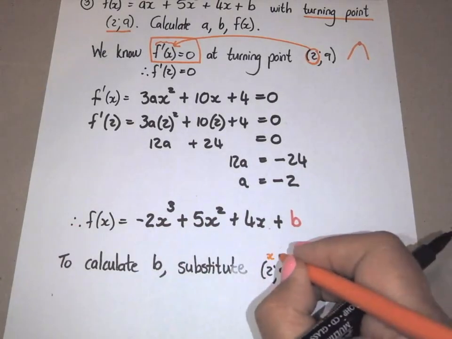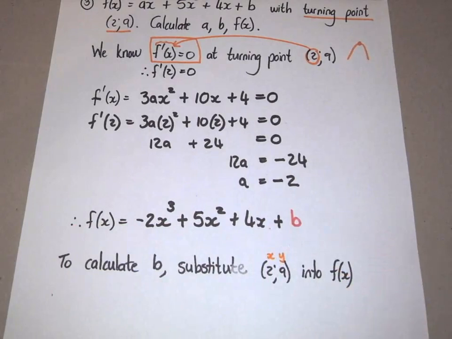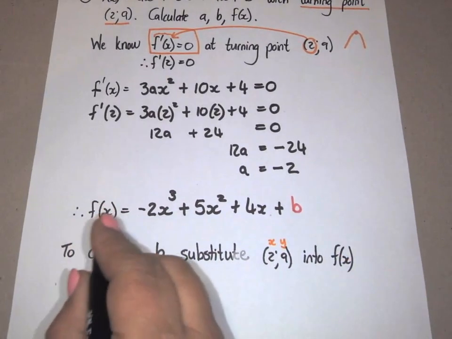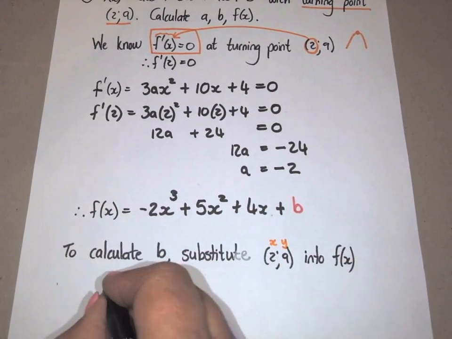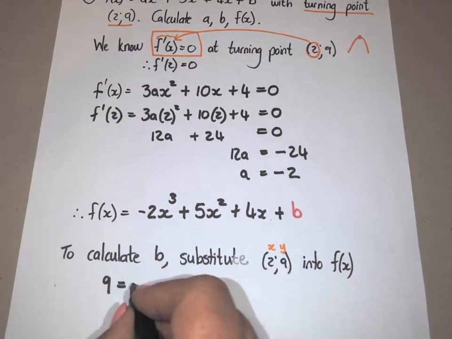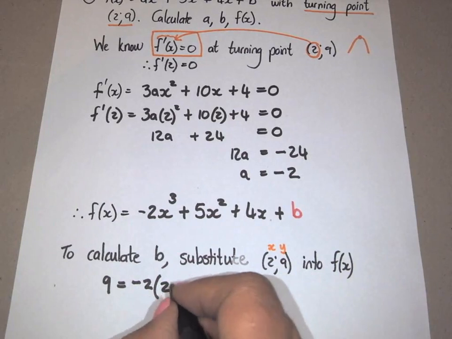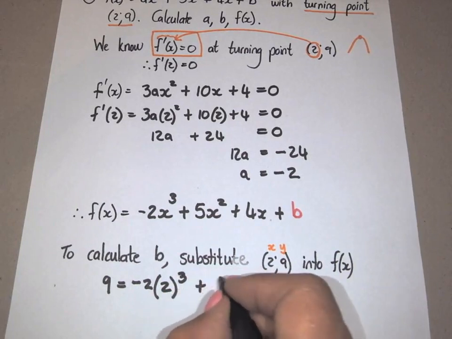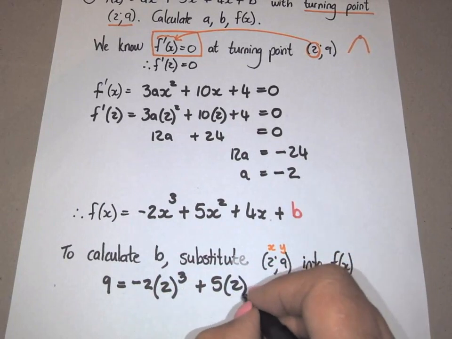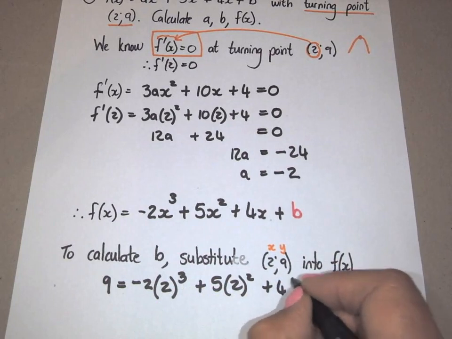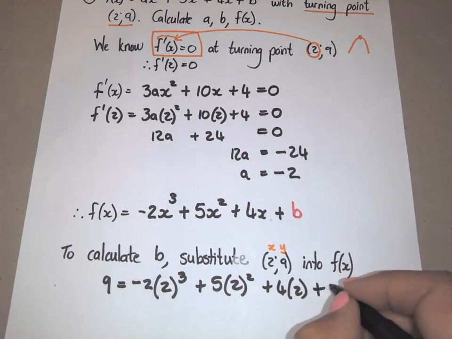This is my x, this is my y. So y is 9 equals negative 2 times 2 to the power of 3 plus 5 times 2 squared plus 4 times 2 plus b.